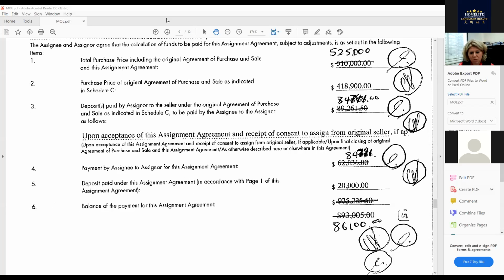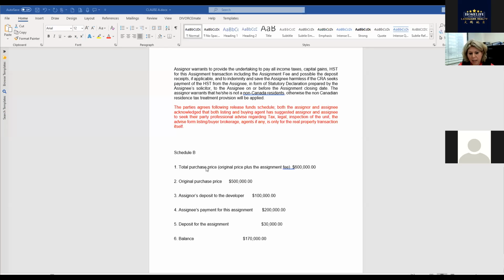I show you here, we went through and we did together the Schedule B. So the total purchase price, which is the original purchase price, 500,000, plus the assignment fee. We put 100,000. So it's 500 plus 100 is 600,000.